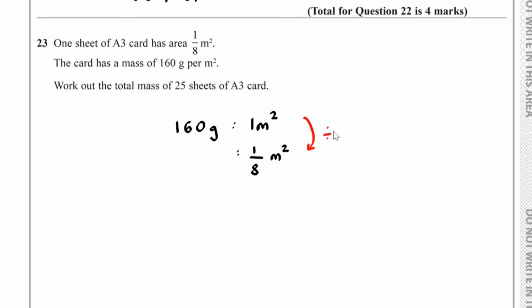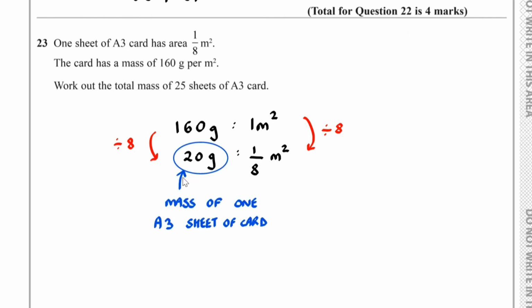If I divide by 8 on both sides, then 160 divided by 8 is 20. So I've got 20 grams, which is the mass of 1/8 meters squared. So this 20 grams is the mass of one A3 sheet of card.